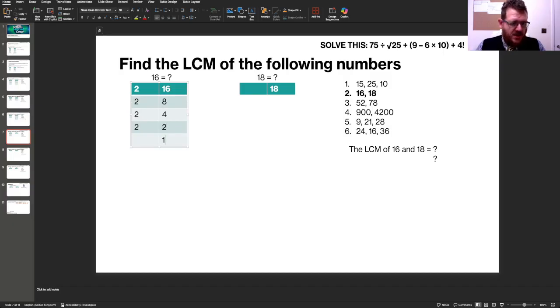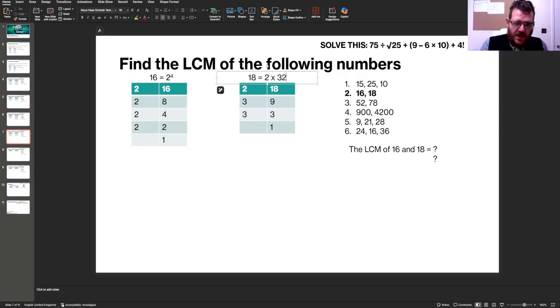I see a 2. It's just going to be straight up 2s. Which gives you 2 to the power of 4. And then we'll do 18. So we got a 2. You see a 2. 9. And then we got a 3. And then that's by itself. So for 18, you've got 2 times 3 squared.